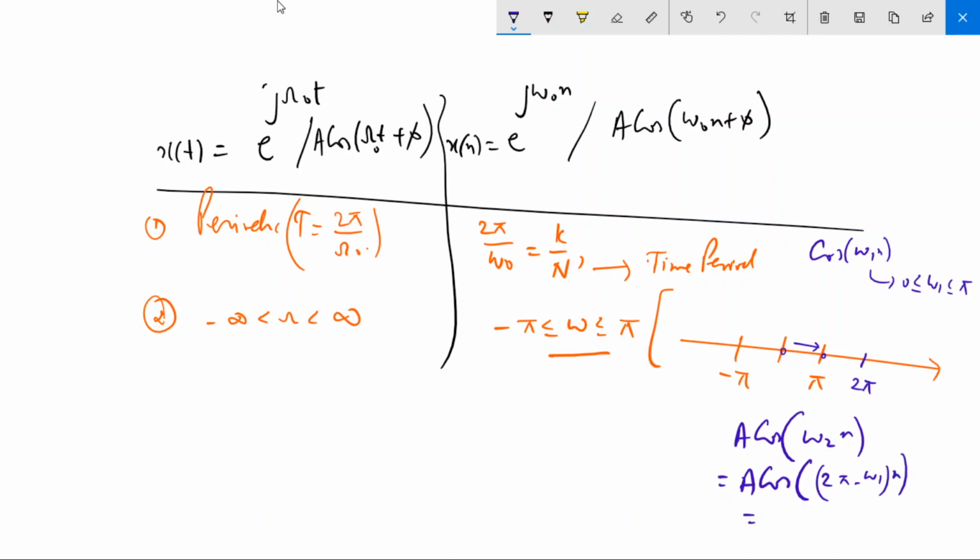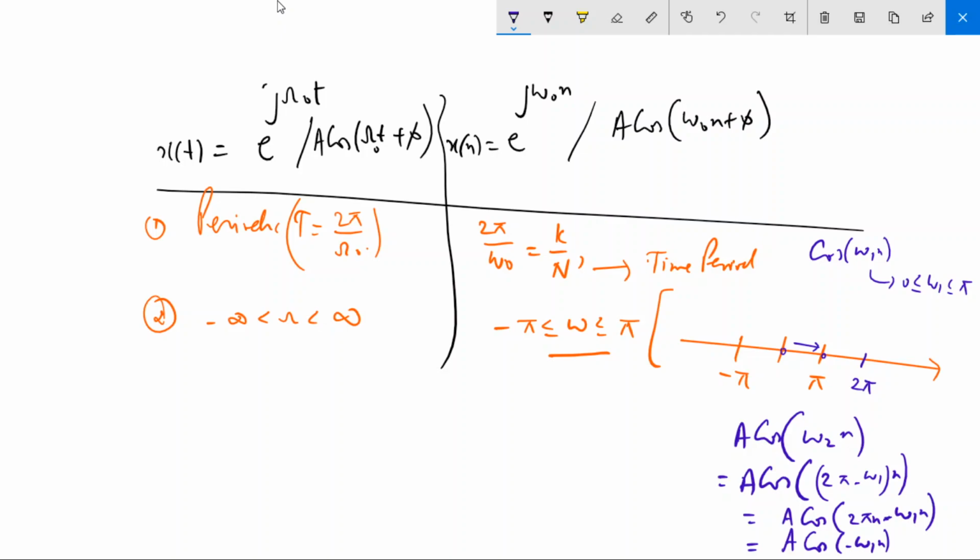So if you see this, it is nothing but cos(2 pi n minus omega 1 n). So cos of 2 pi minus theta is cos of theta. Okay, so it will become cos(minus omega 1 n).